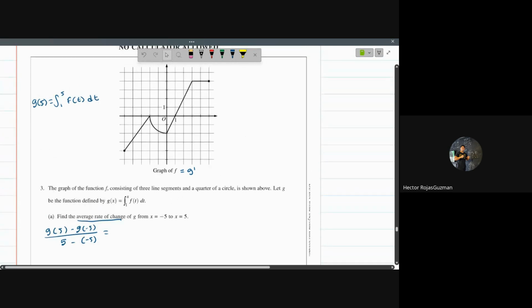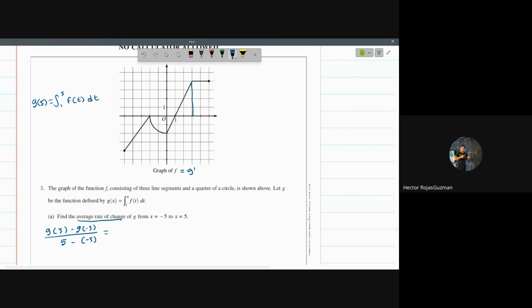And if you look at your graph, we have a triangle and a rectangle. So it's going to be 1/2 base 4 times height plus base times height. So we get 12, minus.